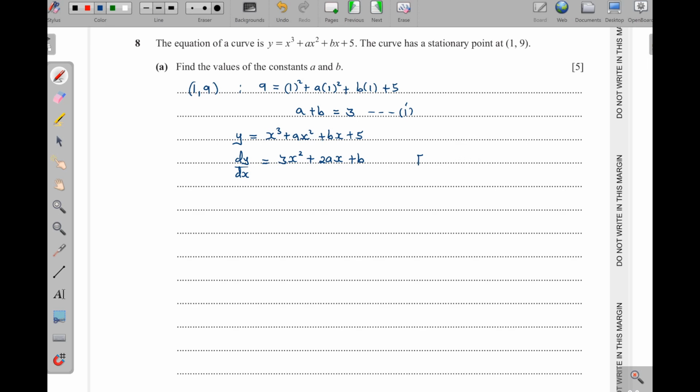And like I've said, for stationary points, dy/dx is equal to what? To 0. Now you are having your stationary point (1, 9). So when I put 1 wherever there is x, then I will equate this one to 0.